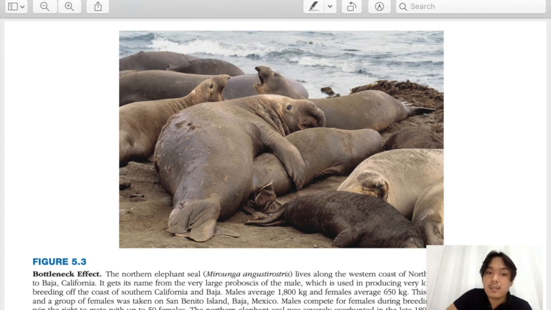It's because the reproductive rate of the population has been disturbed because of overhunting. So where does the female get the sperm from, where the males are fewer in number? They compete and they die during the mating season.